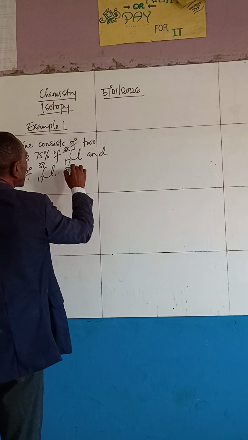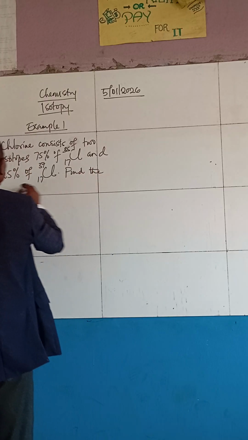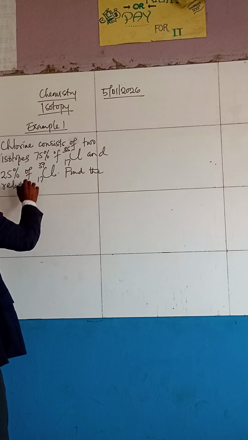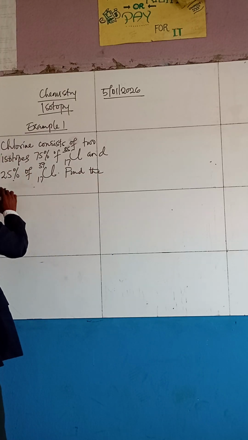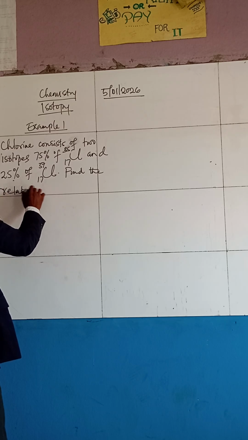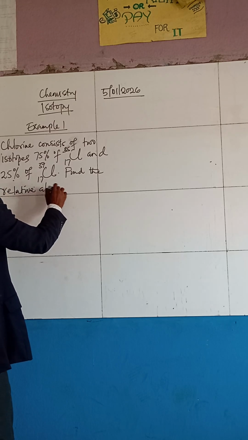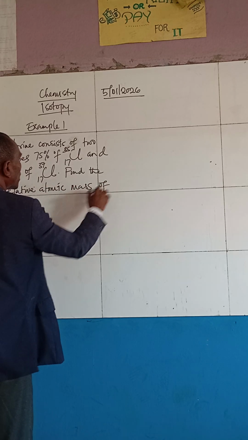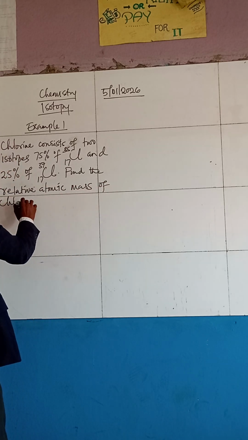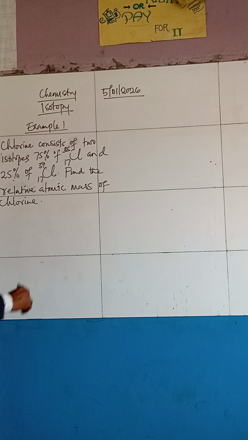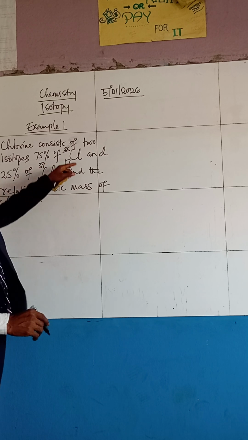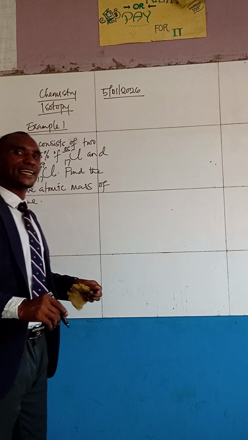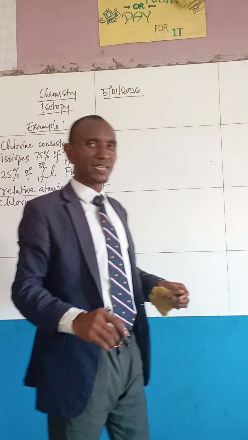Find the relative atomic mass of chlorine. Very simple. Now these percentages are called relative abundance.